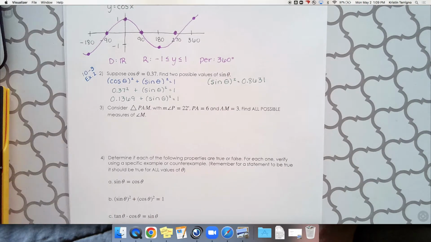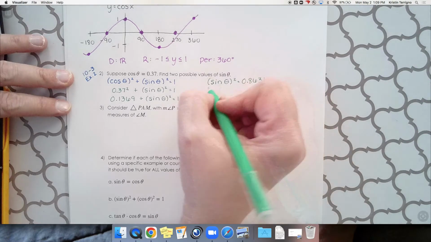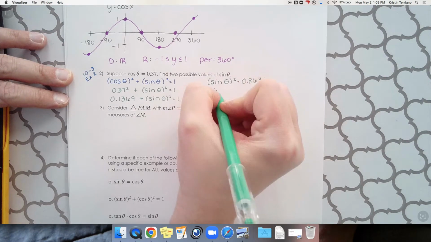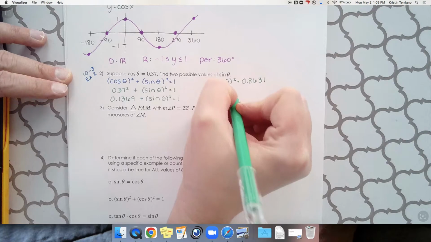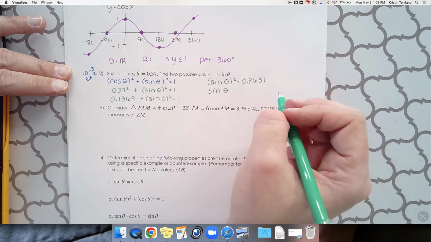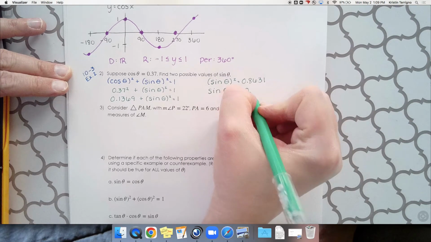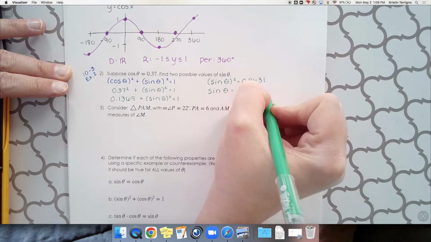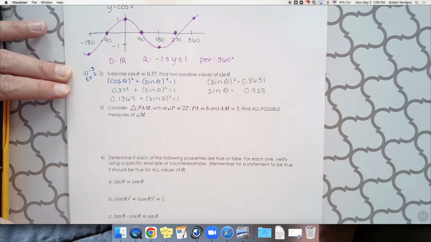What now? Square root. Good. Okay, so I'm going to square root. And I end up with sine theta equals, let's see, 0.929. Now, I took a square root, though, so what should I be remembering right now?